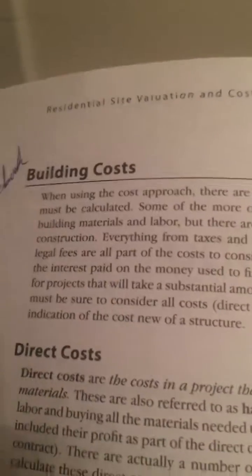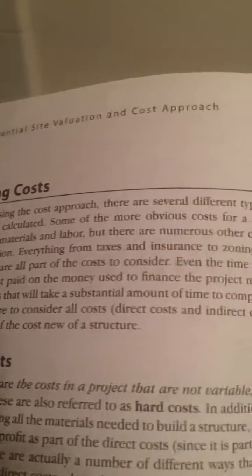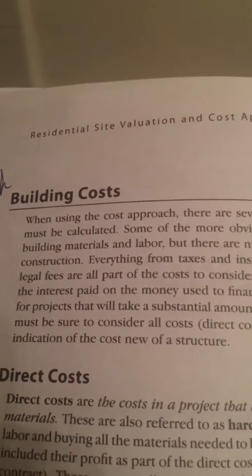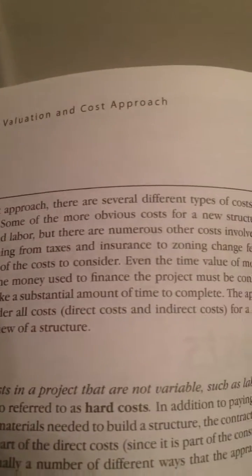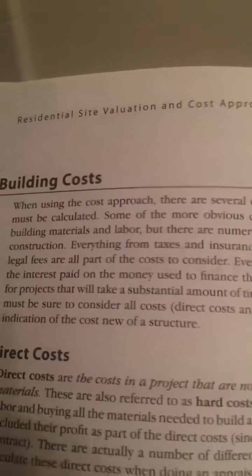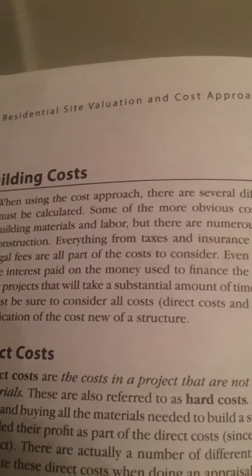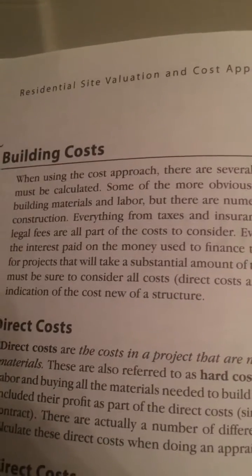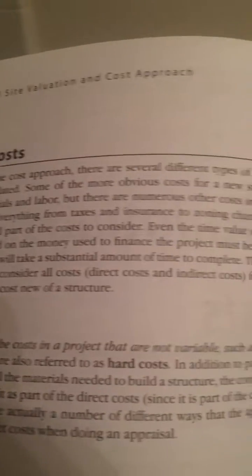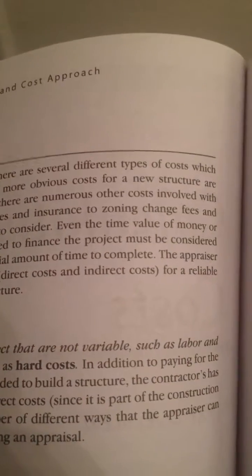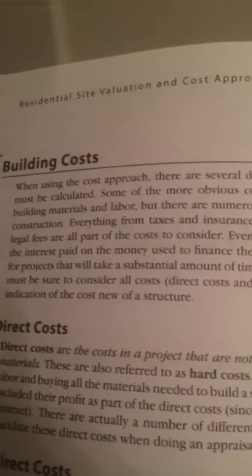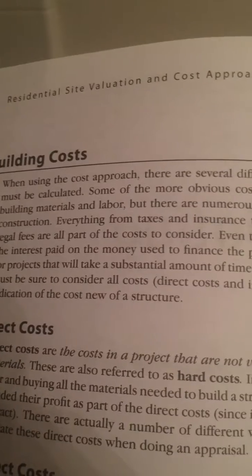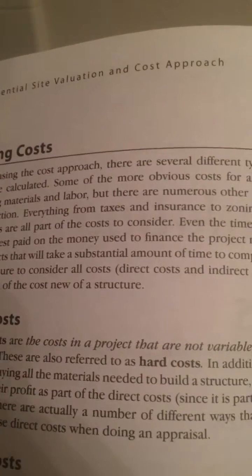Page 70, building costs. When using the cost approach, there are several different types of costs which must be calculated. Some of the more obvious costs for a new structure are building materials and labor, but there are numerous other costs involved with construction. Everything from taxes and insurance to zoning, change fees, and legal fees are all part of the cost to consider.